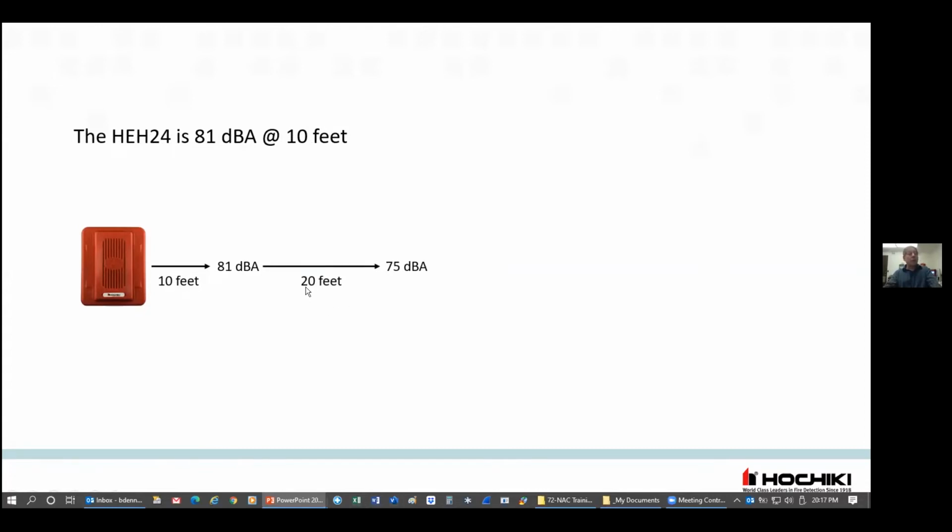If we double 20 feet to 40 feet, we're going to lose another 6 dB. 75 minus 6 gets us to 69, which is exactly what we determined through the use of the table that we needed to have. That is the minimum sound pressure level that we need to have throughout the protected space based on that table in Annex A.